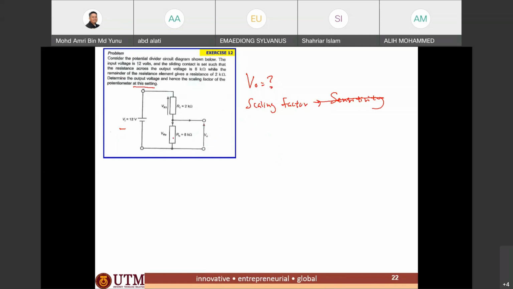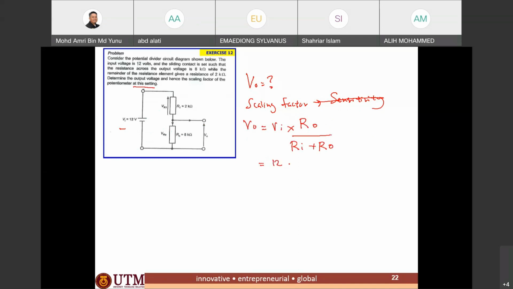Okay, so this is a voltage divider circuit, whereby V out is equivalent to V in multiplied with R out over R in plus R out.